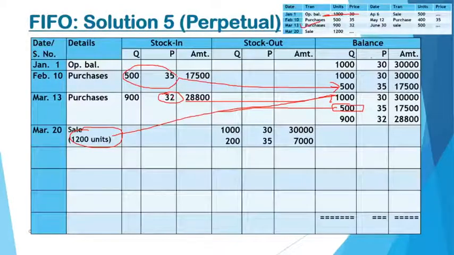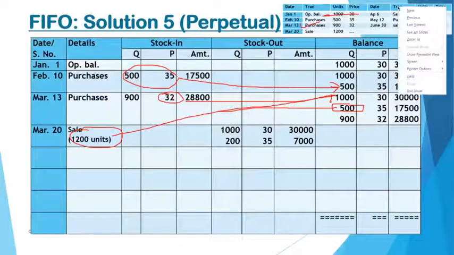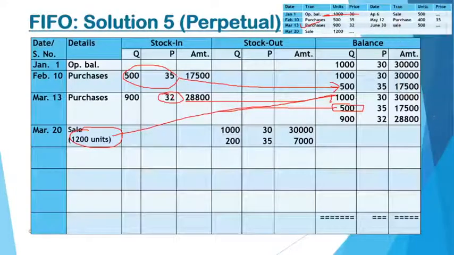When we look at the lots here, we find that the first lot is completely finished. Out of the second lot, 200 units are sold. So 300 units of this lot and 900 units of the next lot are left. This is how the balancing will be done. And at this time, if somebody asks you what your closing is, it is 300 units of 35 and 900 units of 32.